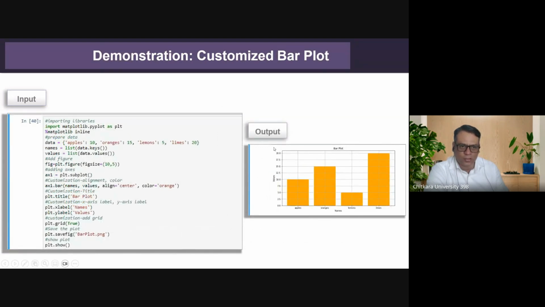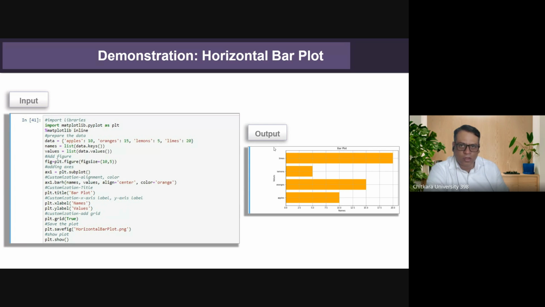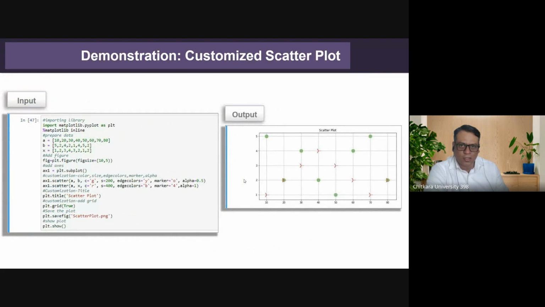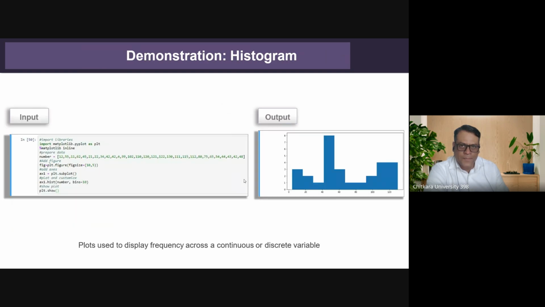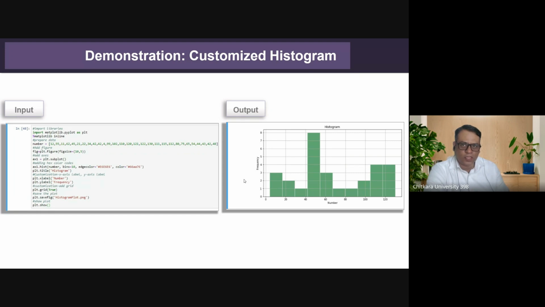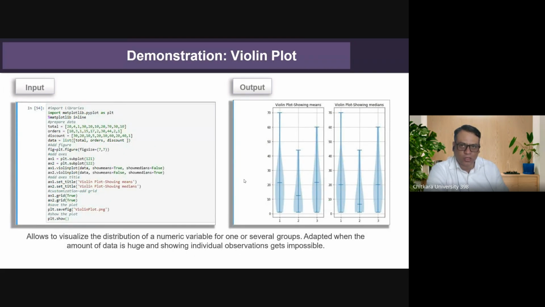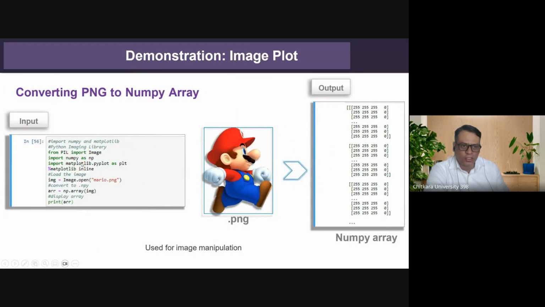Then bar plot, horizontal bar plot, then scatter plot. Then this is also a customized scatter plot. Histogram, customized histogram, box plot, violin plot, image plot. So right here, what we have done, we have used PIL to demonstrate this particular type of output.